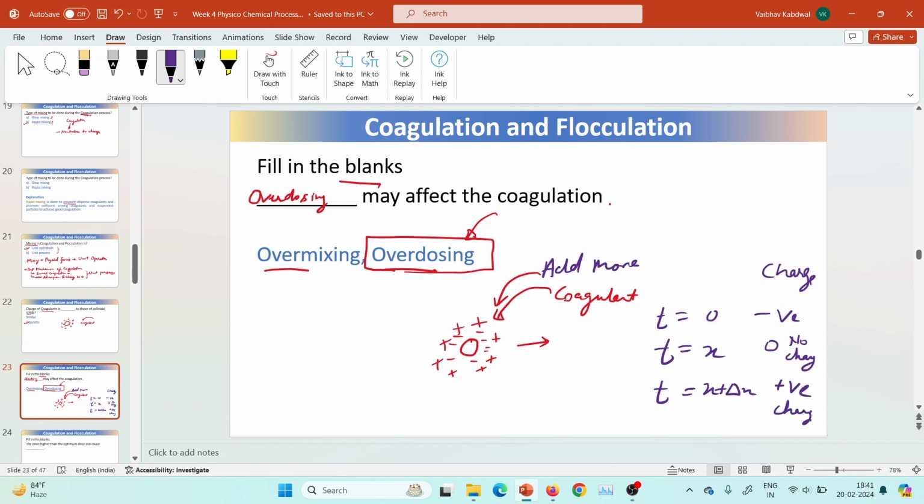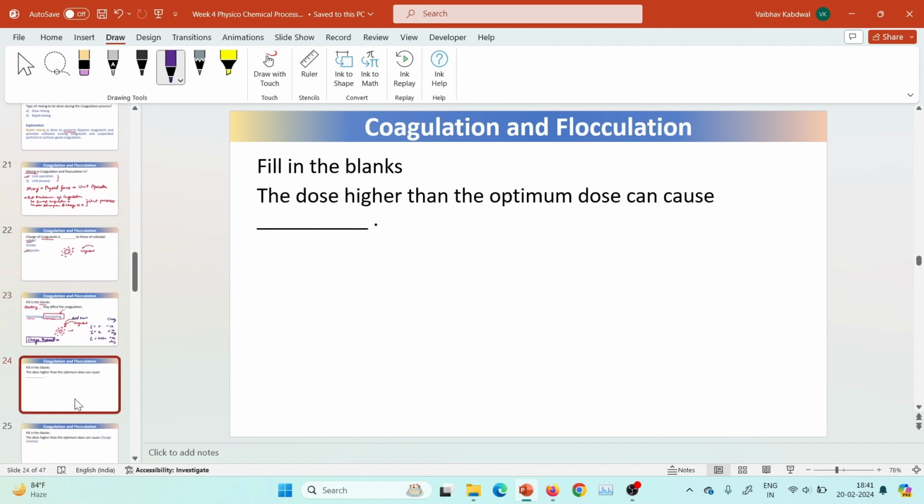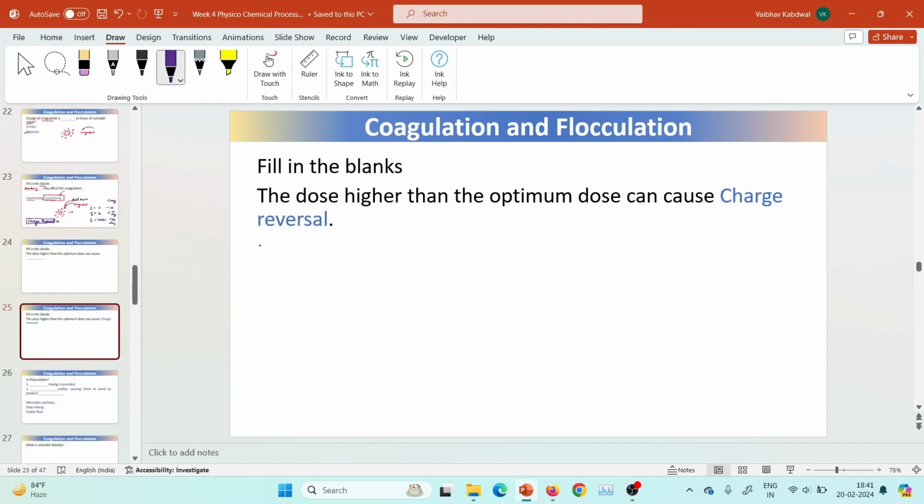So if I overdose the coagulant, it will cause charge reversal. That's why overdosing should not be done. A dose higher than the optimum dose can cause charge reversal. That is what we studied.